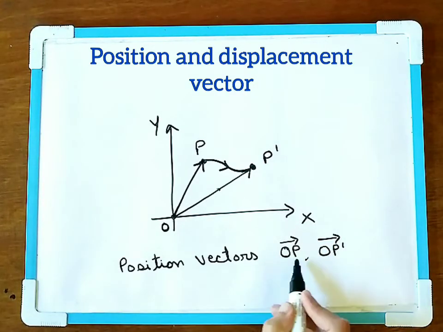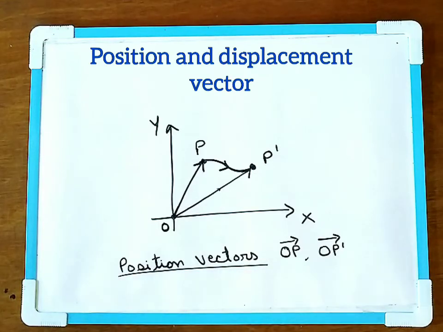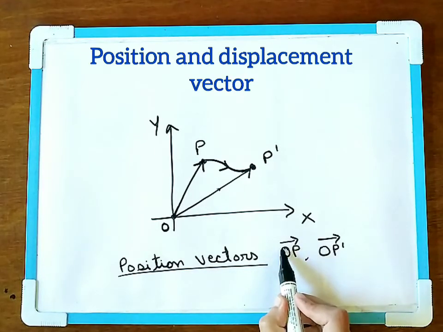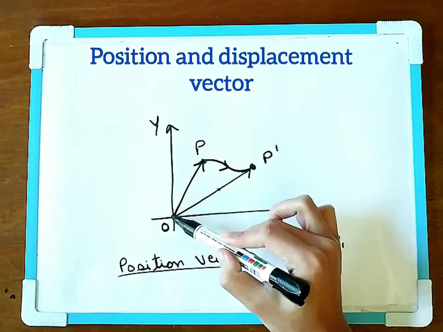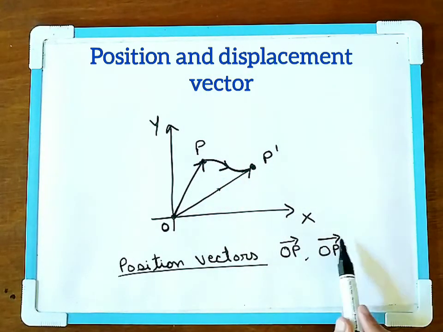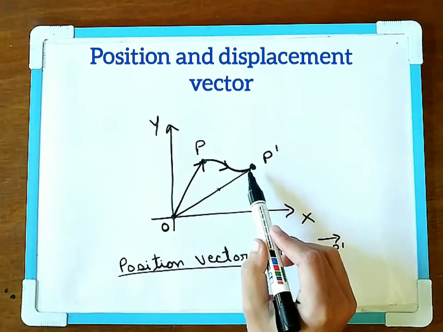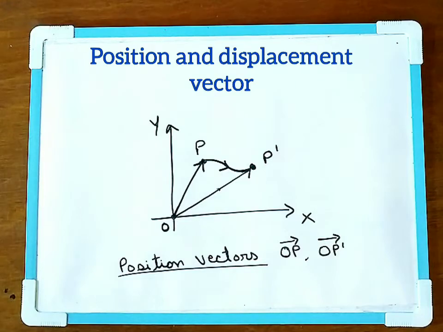So this OP and OP dash will give you the position vectors. And you can see here the arrow is from O to P, which indicates the direction is from O to P. Here also the arrow is from O to P dash, so it starts from O, then it goes to P dash. So a vector which is drawn from the origin to any point on the xy plane is known as the position vector. Then we have the displacement vector.